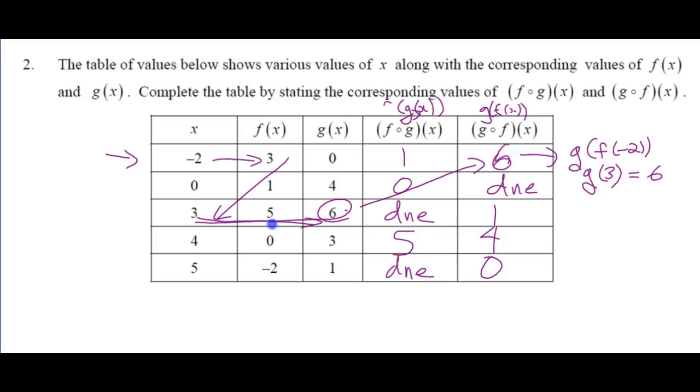Now that does not exist, okay, so for this one, it's g of f of 0. So f of 0 is 1. So I want to put 1 into g of x. I need g of 1, but I have no 1. So I can't do it, so it does not exist, right?